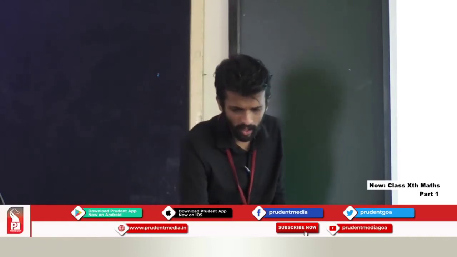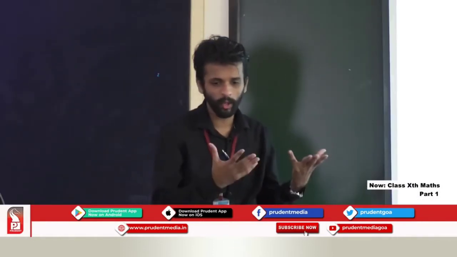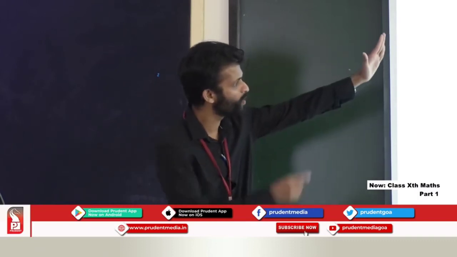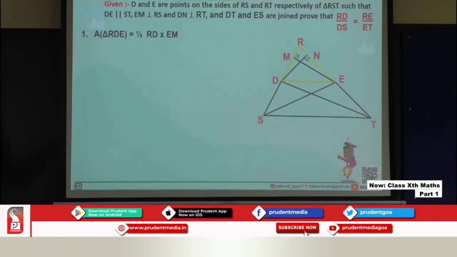Area of this triangle would be half base into height. So area of triangle RDE is equal to half, base is RD, height is EM. I'm sure everyone is able to understand that RD is the base and height is EM. The reason is the area of triangle formula.